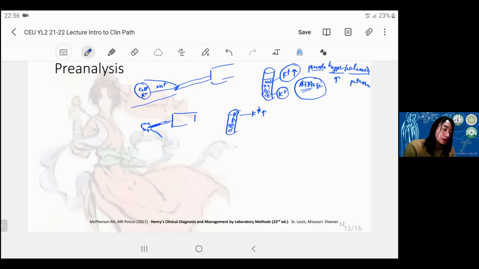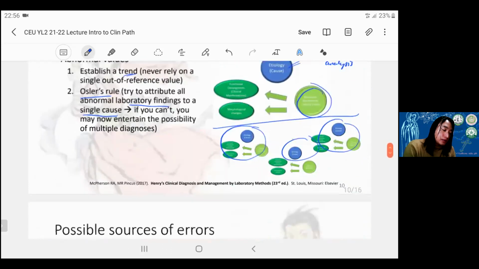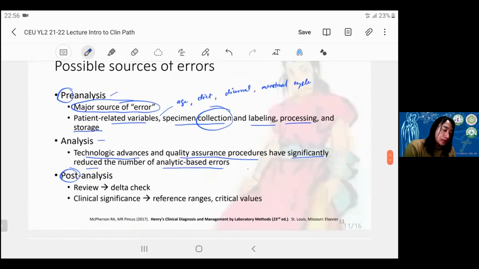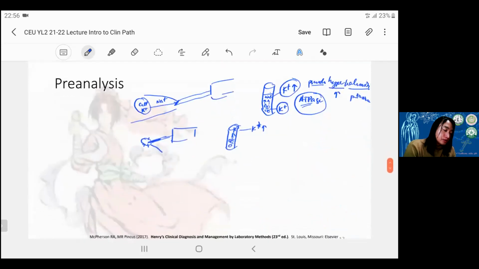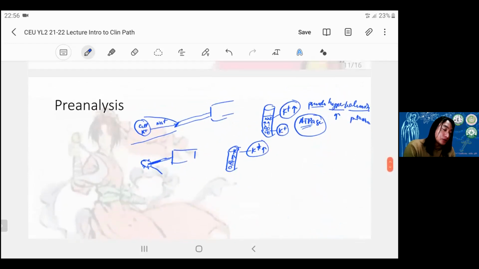This will involve the collection as well as the storage. So how was it collected? Was it a very small gauge needle that would tear the cellular membrane, releasing the potassium?